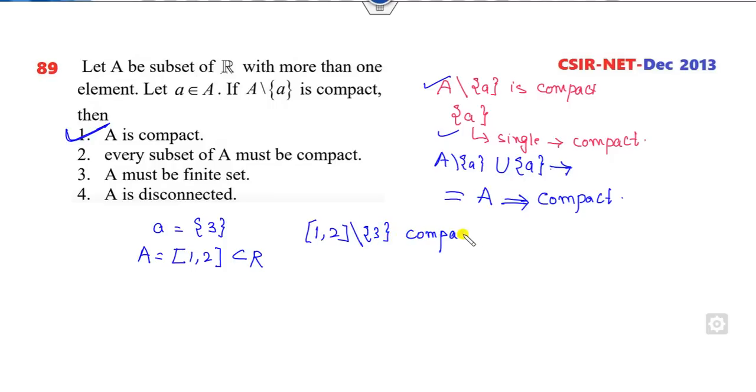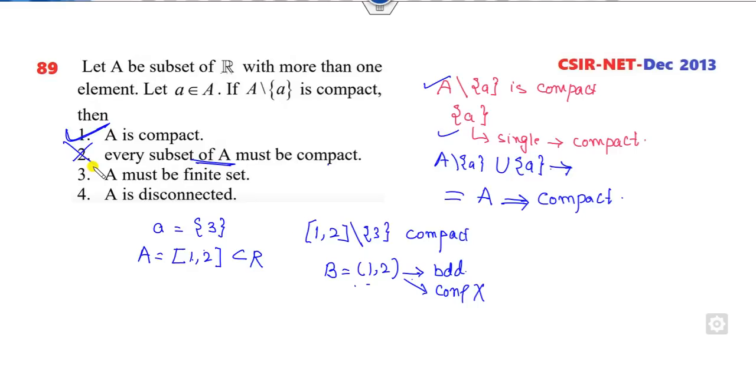Fine. Now if I consider any subset, say B, the open interval 1, 2. Clearly this is bounded. Fine. Is it compact? No. So every subset of A must be compact is not true.